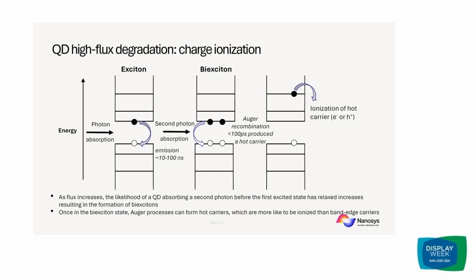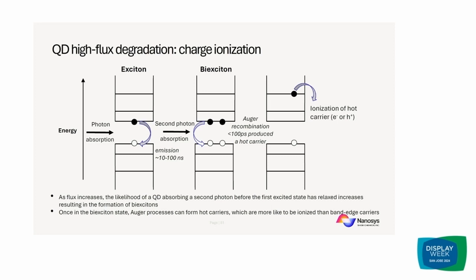When you're in this state, it's not necessarily immediately a problem. You can recombine radiatively from that state. But what can also happen is something known as Auger recombination, where the relaxation of one of your excited states transfers its energy to the other excited state and generates a hot carrier. It can contribute its energy either to the other electron or to the other hole, pushing it up to one of these really high energy levels in the system.